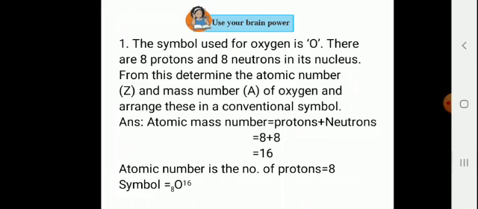The digits 8 and 16 should be written on the left hand side of oxygen, but it is not managed by me. So I have written like this: 16 indicates mass number and 8 indicates atomic number.